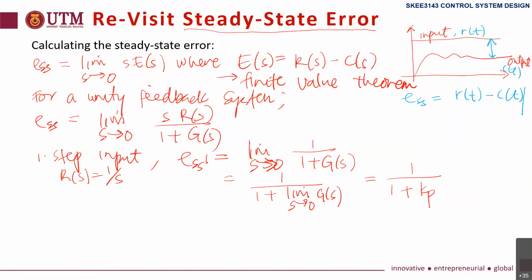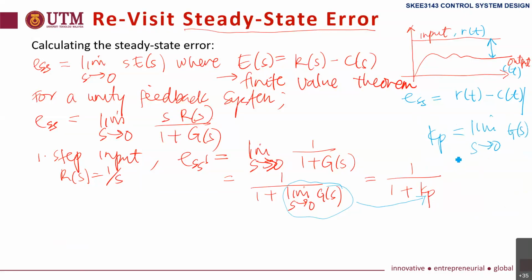I'm not sure whether Dr. Herman has introduced you to Kp, but in steady state error, limit s to 0 G(s) can be equated to Kp, in which Kp is limit s to 0 G(s).